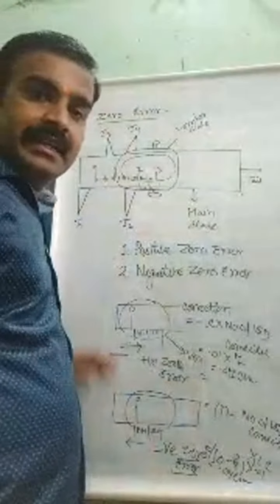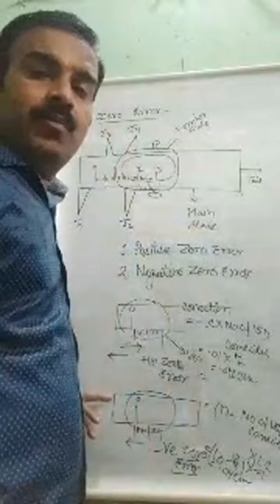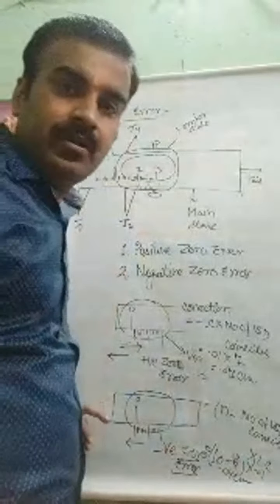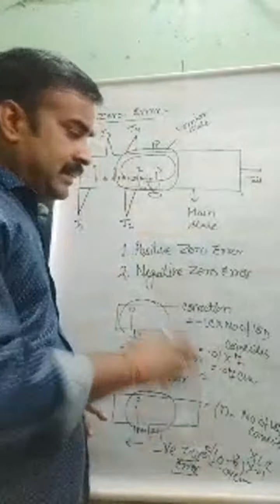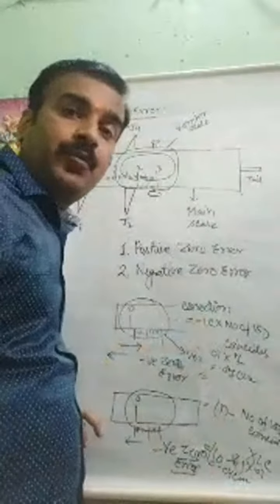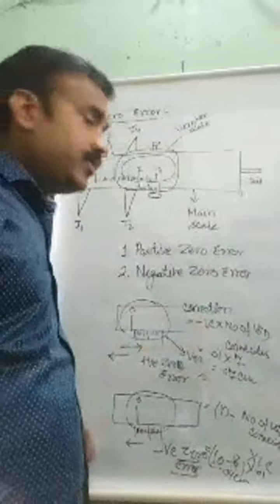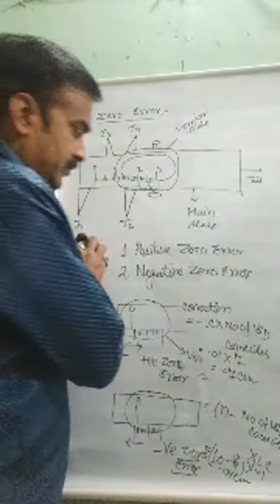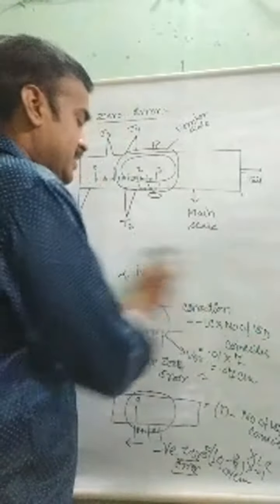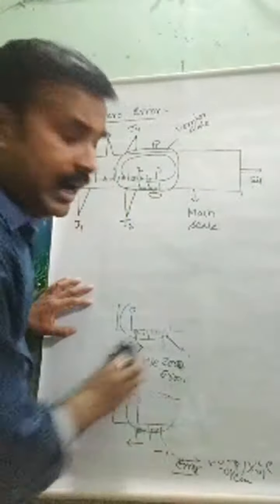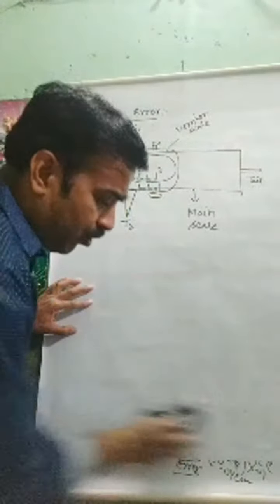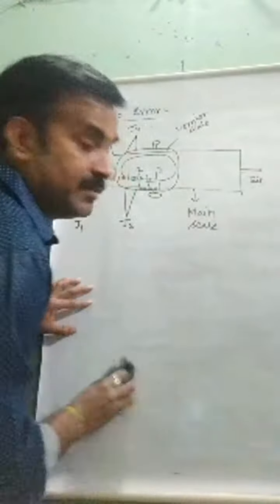Till here I think everything is clear, positive zero error and negative zero error. Now I have to explain how to use it.